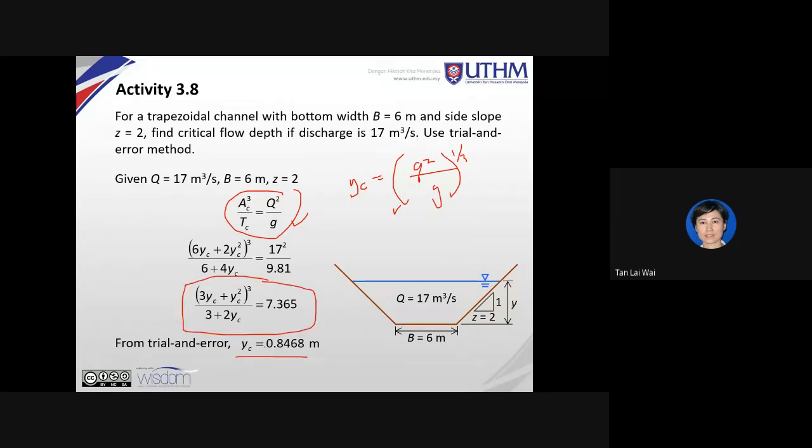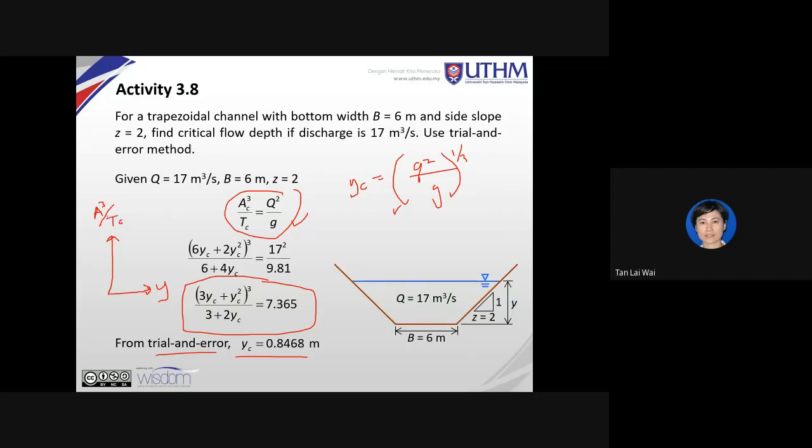One way is to use a calculator, trial and error, to find Yc. Else, you need to plot it out. It doesn't matter where your Y is. Probably you want to put Y here, or you can switch the axis. It doesn't matter. And the other one would be A cubed over T c.